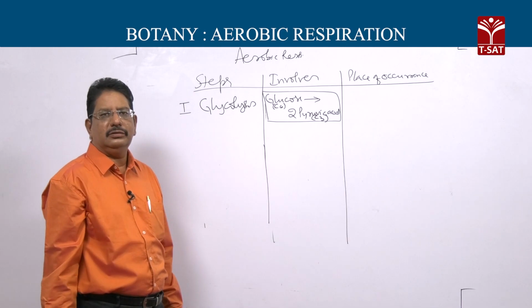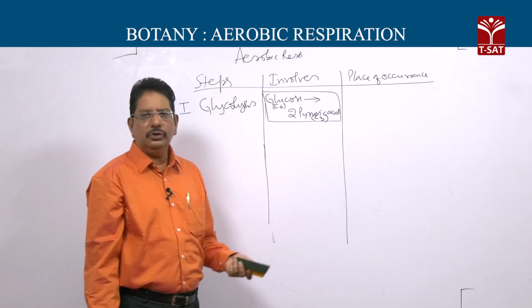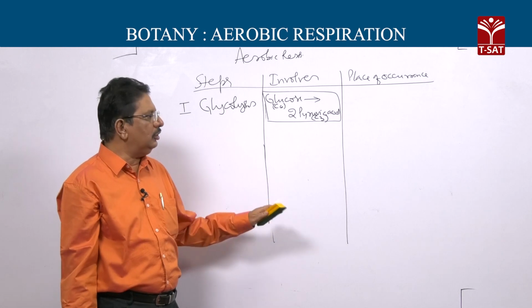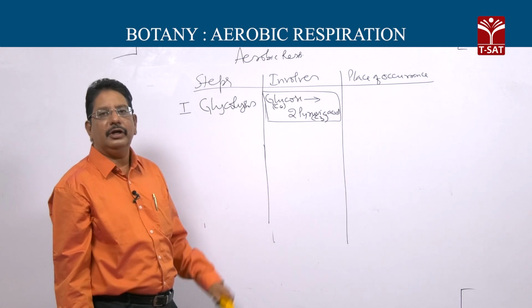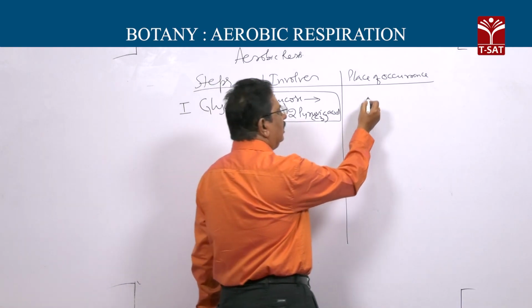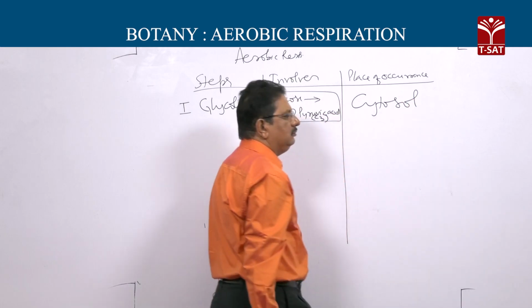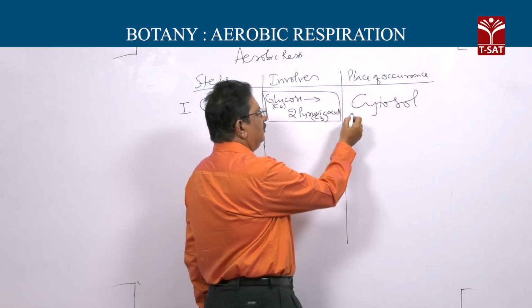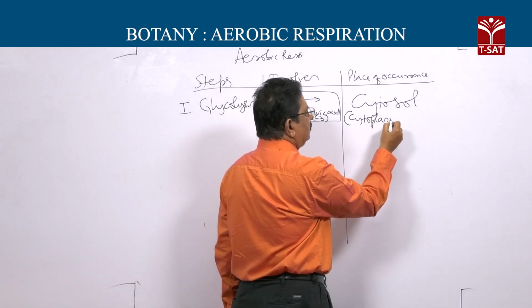Where does it occur? Respiration is a process that usually occurs in a cell, either a eukaryotic cell or a prokaryotic cell. But the first step of aerobic respiration always occurs in the cytosol, otherwise the cytoplasmic matrix.